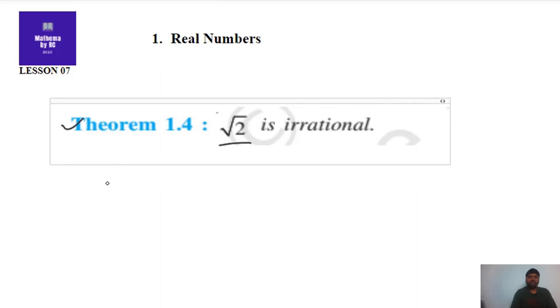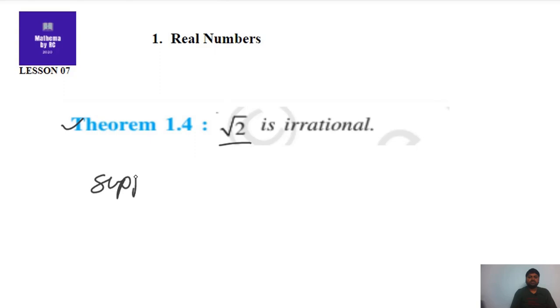Suppose we contradict this. If root 2 is not a rational number, then it is irrational, because among real numbers a number is either rational or irrational.